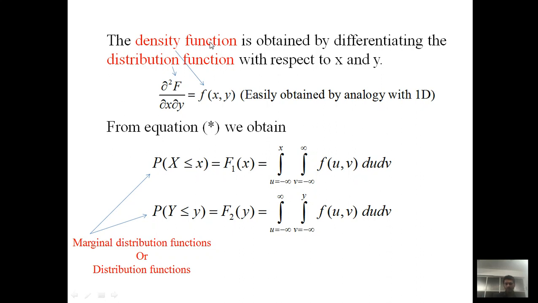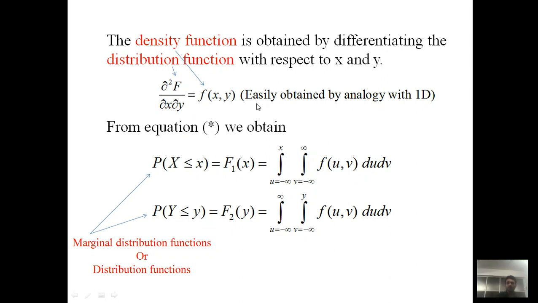Remember, the density function is represented by small f of xy, whereas the distribution function is represented by capital F of xy. The density function is obtained by differentiating the distribution function with respect to x and y. So we get del square F upon del x del y is equal to f of xy.